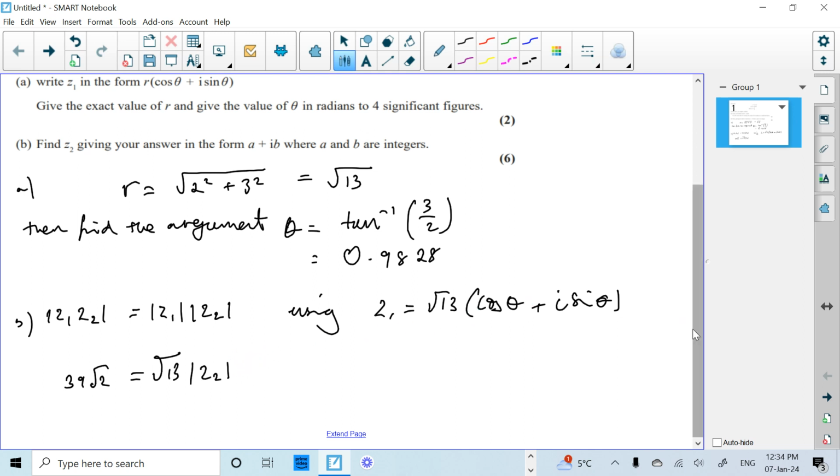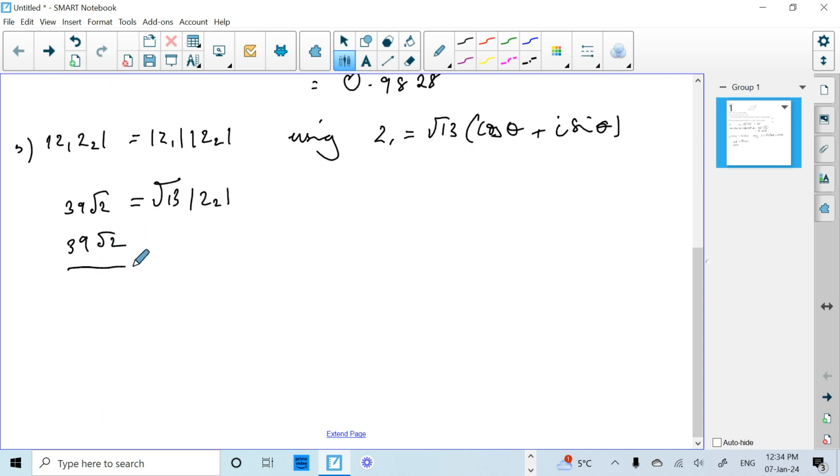So that will give us 39 root 2 divided by the root of 13 will give us mod z2.